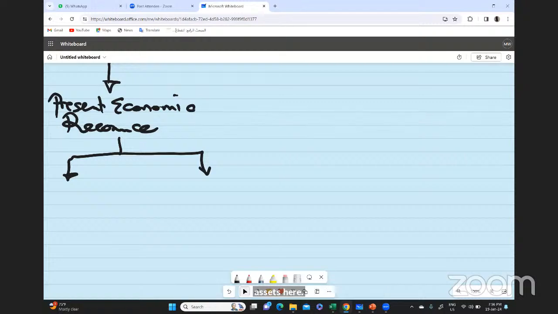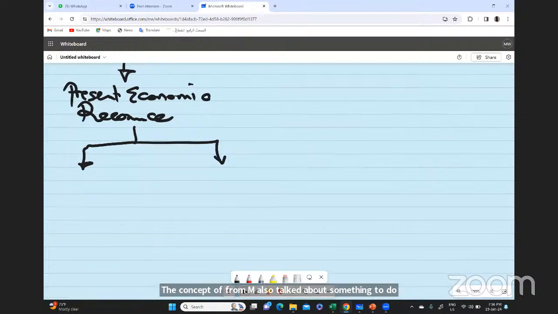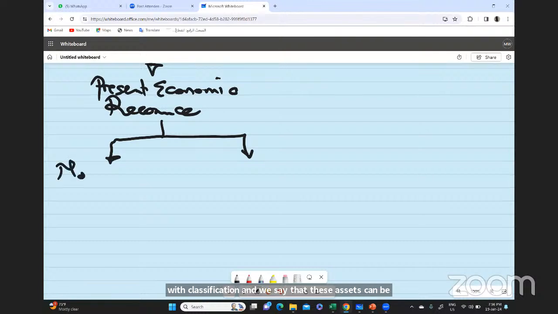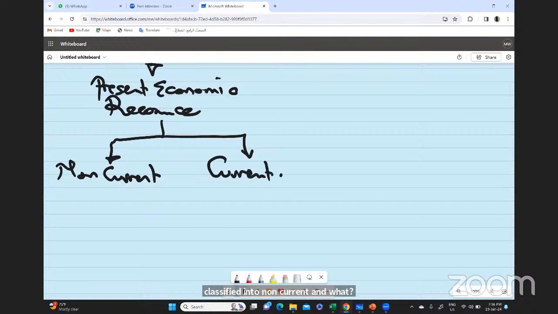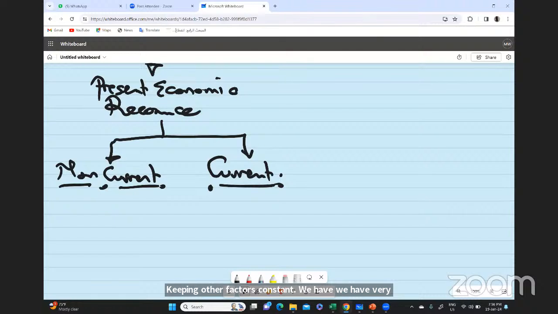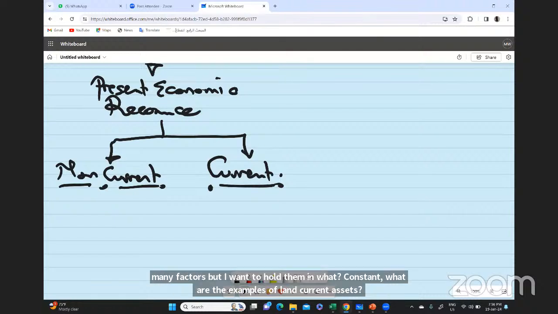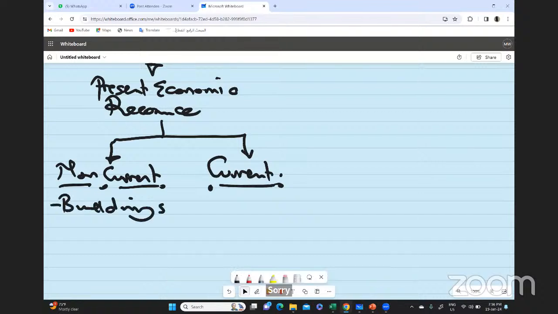Now, I want us to first of all dissect what we call assets here. The conceptual framework also talked about classification, and we say that these assets can be classified into non-current and current. Keeping other factors constant, what are the examples of non-current assets? Buildings.